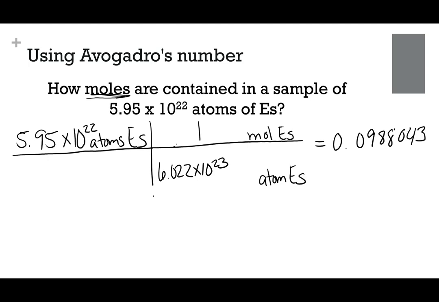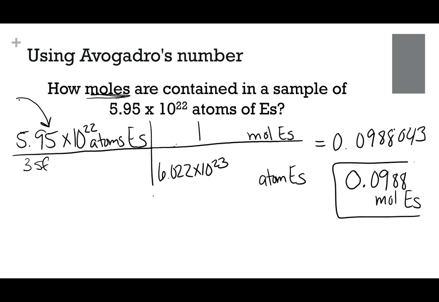What is the number that I'm going to report? Go back to our original measurement. I see 3 sig figs. So I can simply report 0.0988 moles of Einsteinium. Does that make sense?